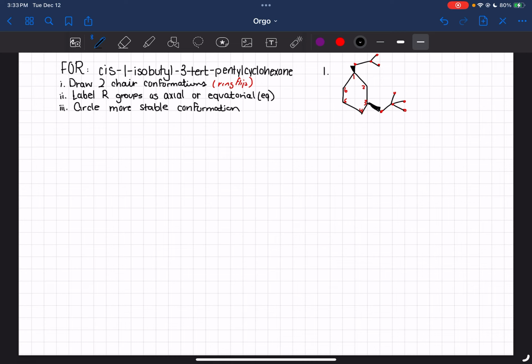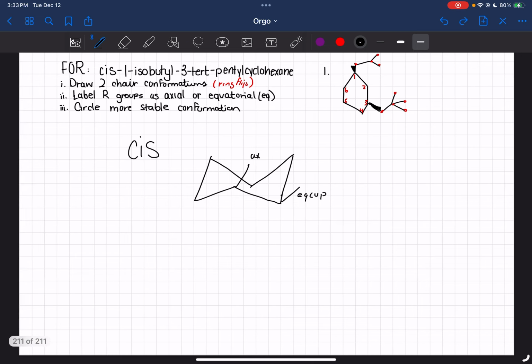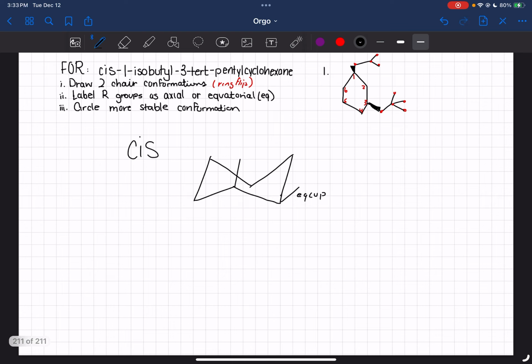How cis and trans play into a chair conformation is that if a molecule is cis, its chair conformation will have both groups in the up positions, like an equatorial up here and an axial up here. It doesn't have to do with axial and equatorial. It just has to do with the up and down. Just wanted to add that.